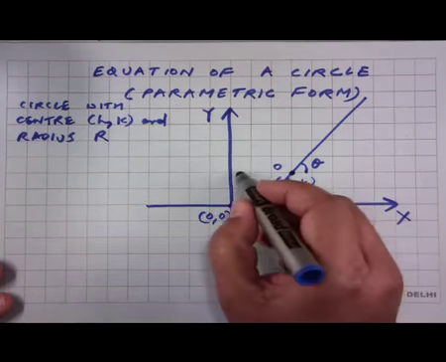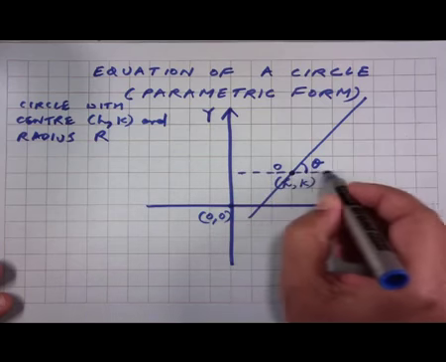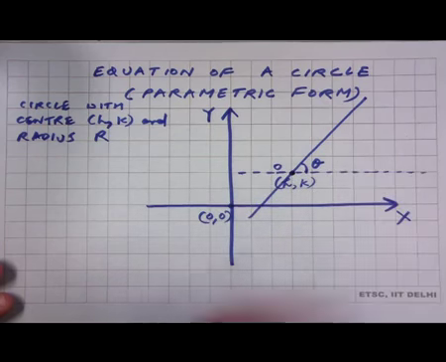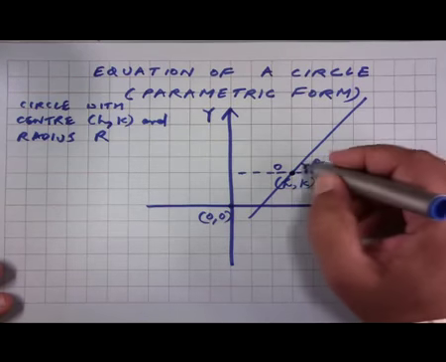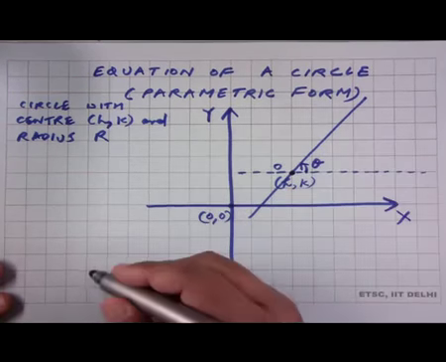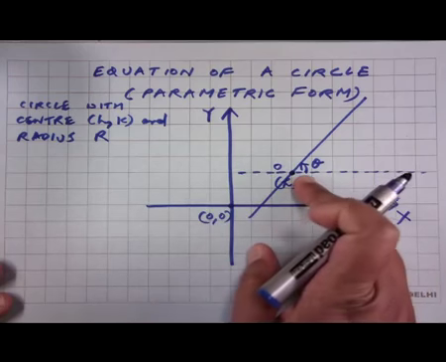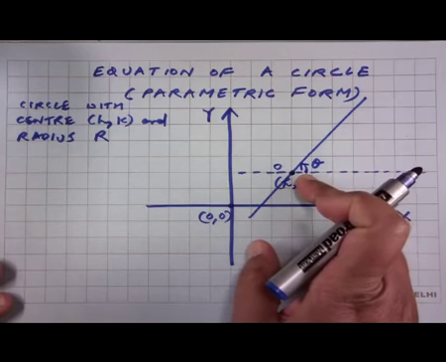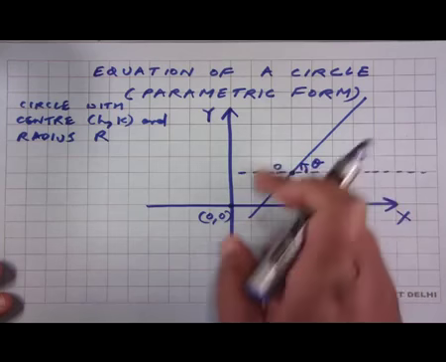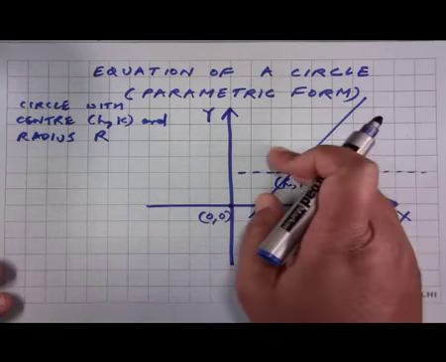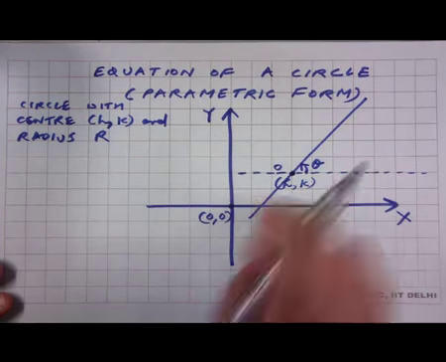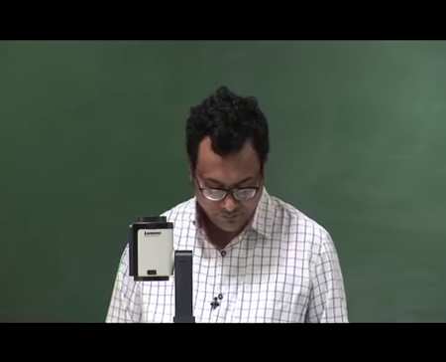I draw a dotted line here parallel to the x axis. Always measure theta in the anti-clockwise direction. If I go like this, I have positive theta. If I go like this, I have negative theta.